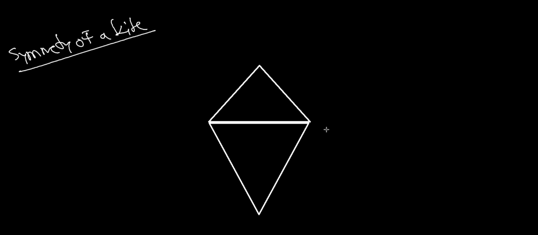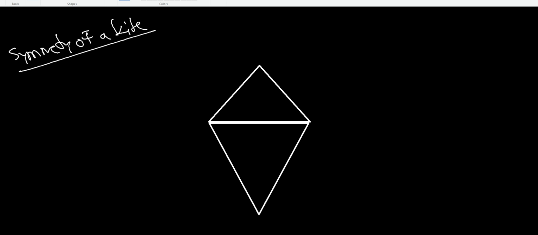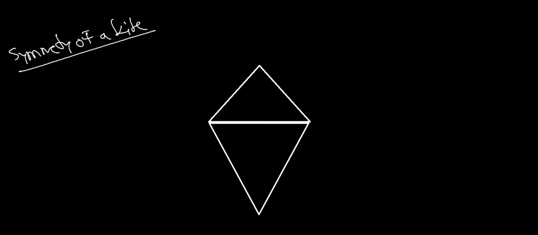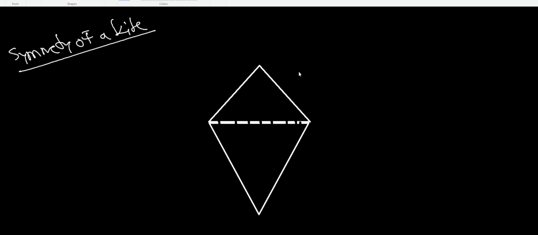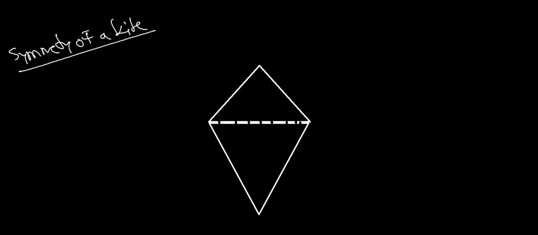Yes, this can be termed a kite, and we make this line dotted. One more line will form our axis of symmetry.